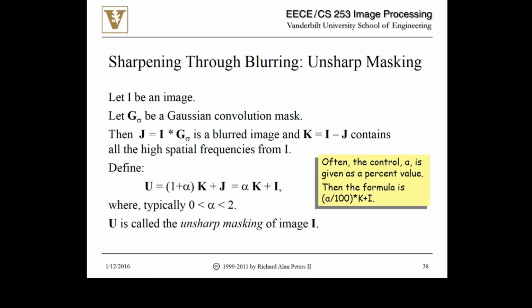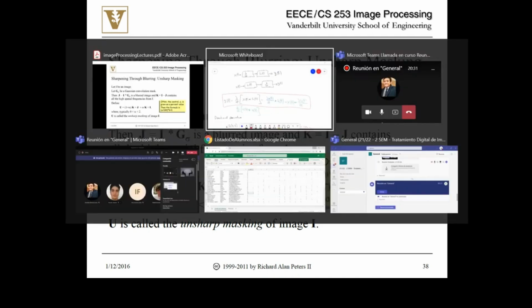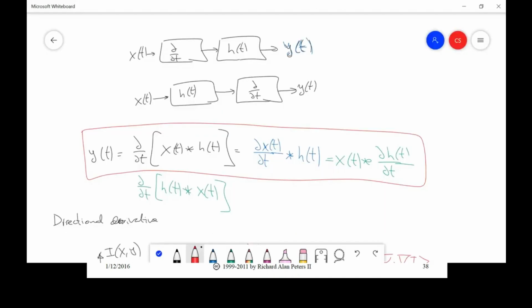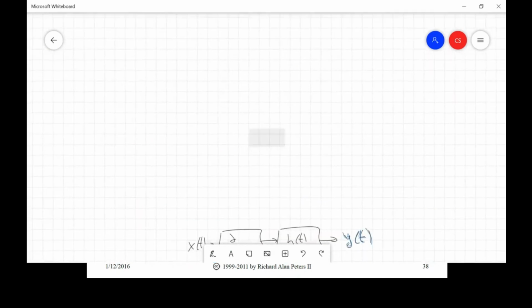So let us construct a high-pass filter image. Let me do it on the white.